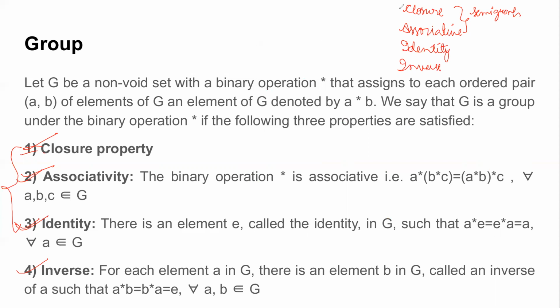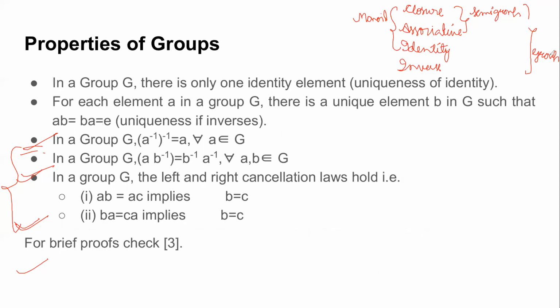Now, if I consider closure, associative, and identity, what kind of algebraic system is it? Very good, a monoid. And finally, if I have all four properties, then it is known as a group. Group is the main structure on which the entire group theory is based. Apart from closure, associativity, identity, and inverse, there are various other properties that groups satisfy.